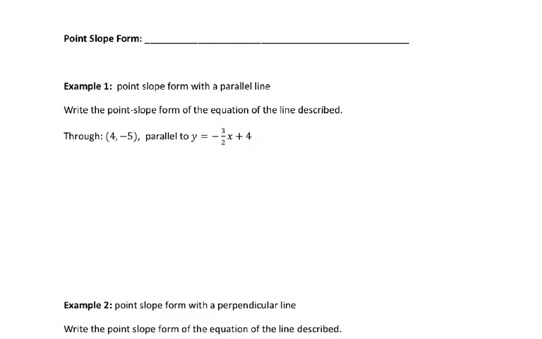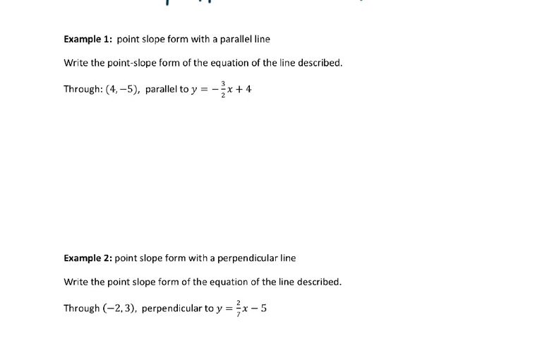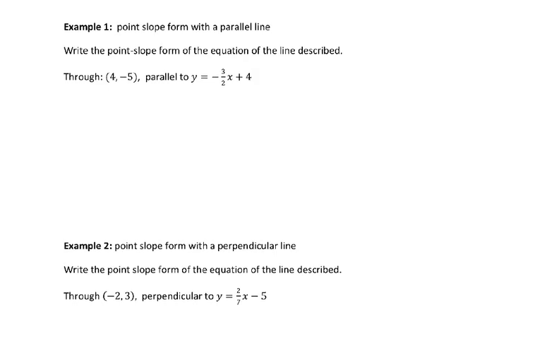So let's remember point slope form. It's y minus y1 equals m parentheses x minus x1. This says, write the point slope form of the equation of the line described. So it's going through 4 comma negative 5, which I'm going to label as x1, y1. And it's parallel. So that's going to be important.